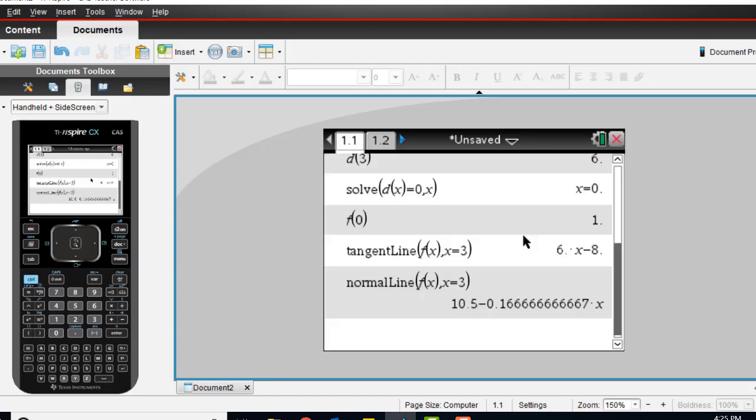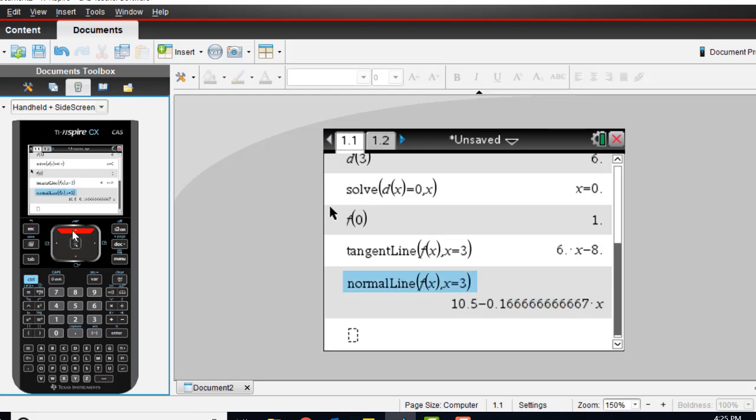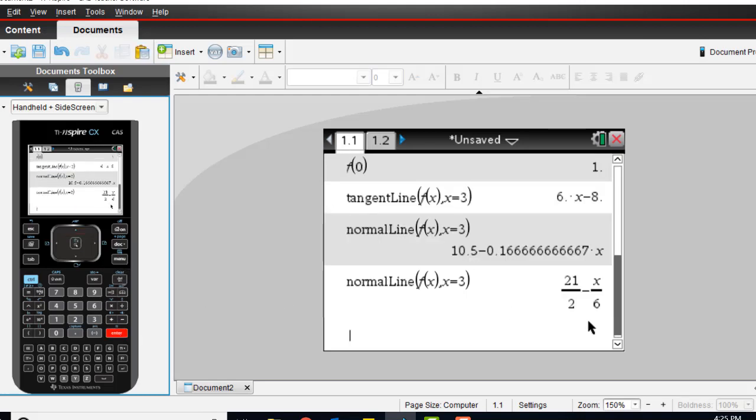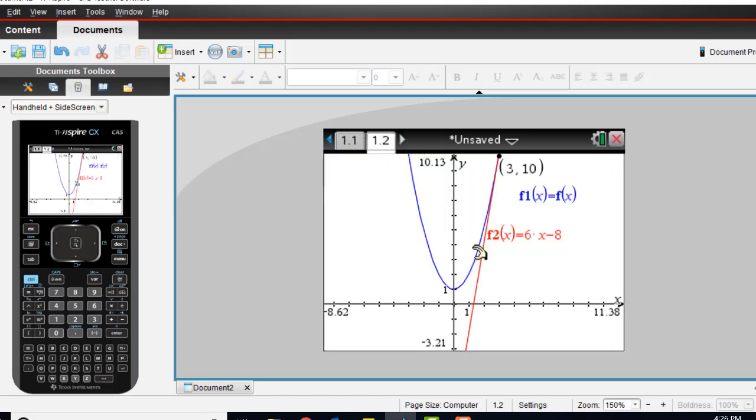So now if I go current, go up, up, and then enter, that will now give you my exact value form. So in this case, the equation of the normal line is y equals minus x on 6 plus 21 on 2. I could define the normal line if I want, but I'll just type it in.